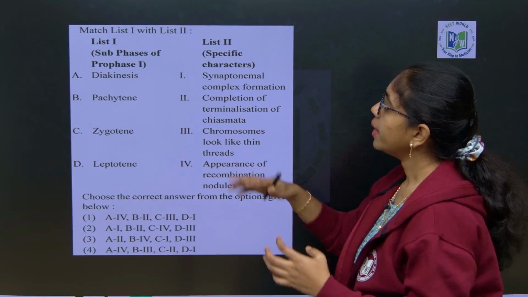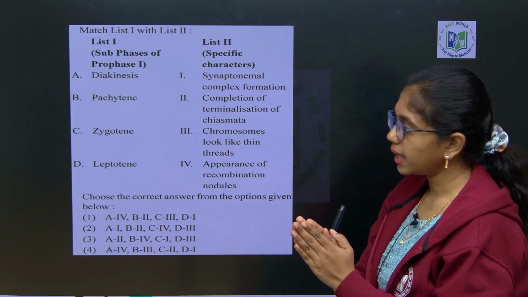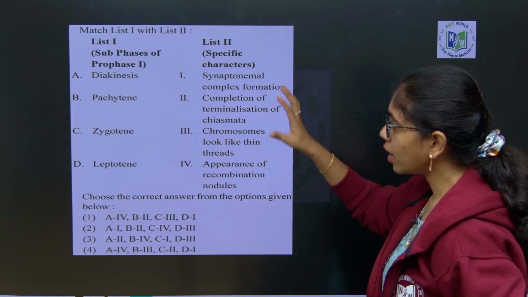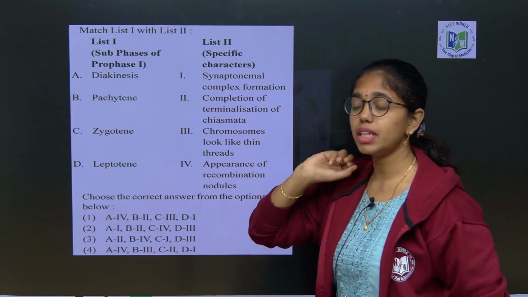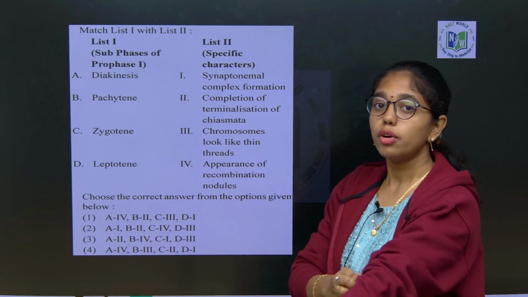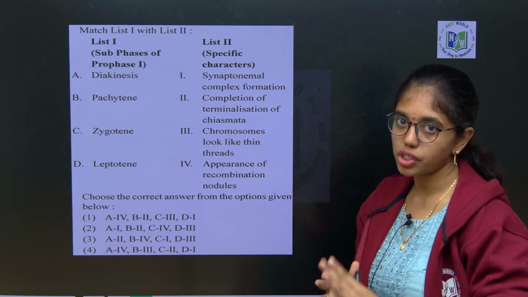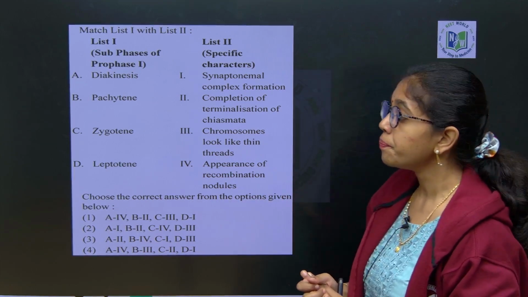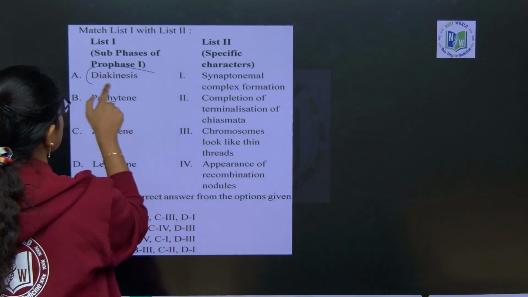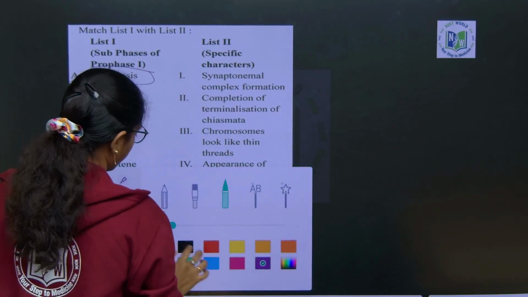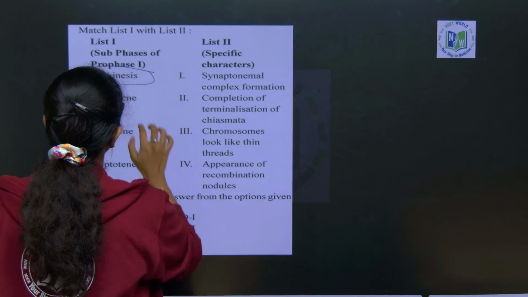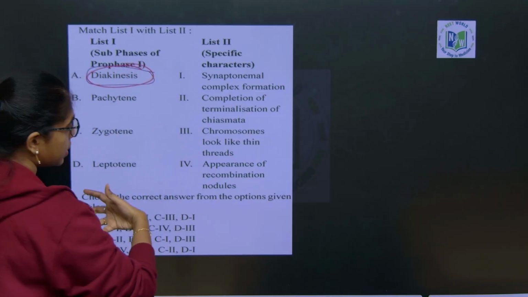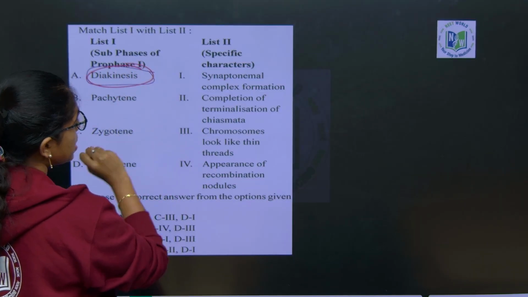Here if you clearly see, in the cell cycle, diakinesis, all the 5 substages of prophase are given. This is utmost important. Don't miss all the 5 stages in the cell cycle and cell division, wherein diakinesis is the last stage. In the last stage what happens?